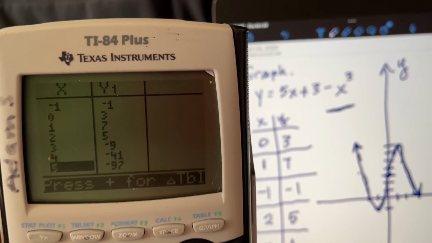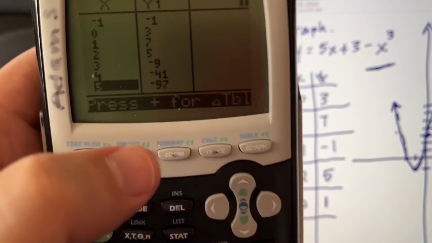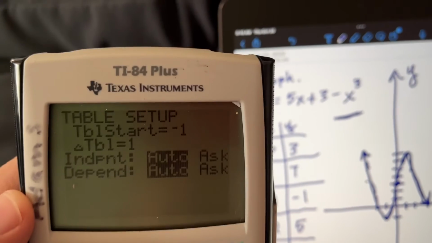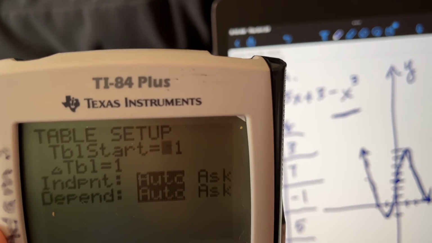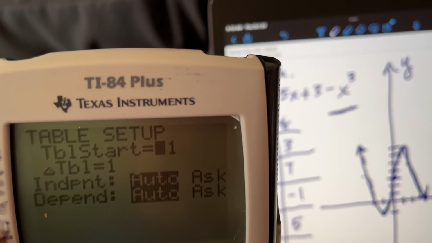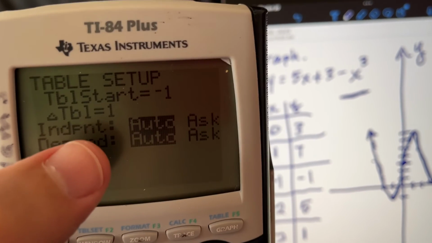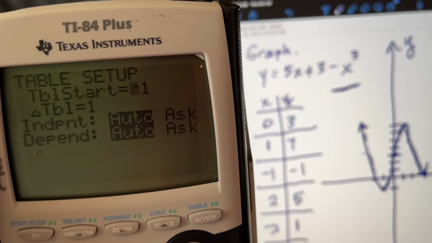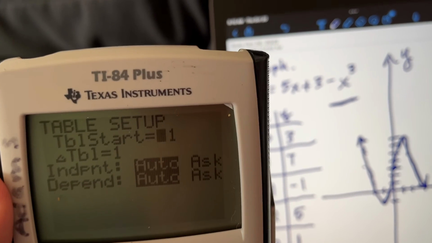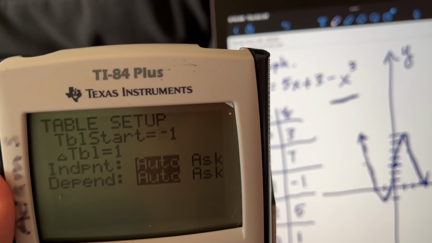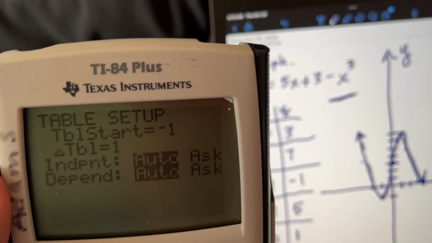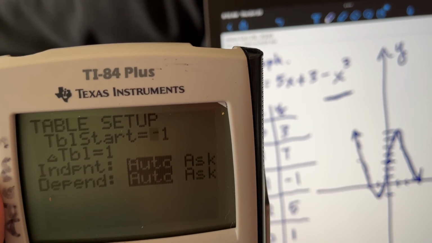One little bit of advice: you can hit second and table set, and you can start your table at whatever number you want. You can type right over the top of that. Mine's starting at -1. The delta table is what the increments are for the x values changing. Most of the time we have this on 1. That means it's going to go from 1 to 2 to 3 to 4 and that sort of thing.